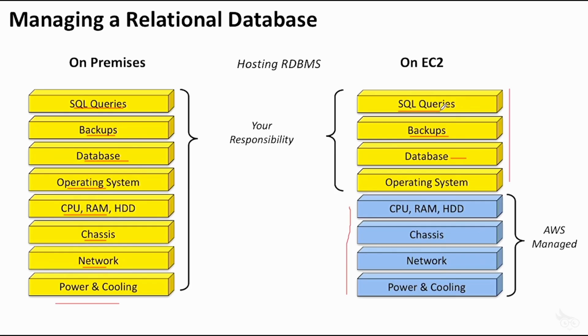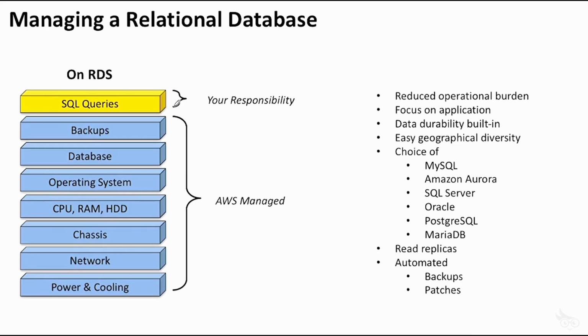Now let's compare these two models with what it means to run a relational database within the Amazon Relational Database Service. So within RDS, you can see that our responsibility is much less in this case. By running a database in RDS, AWS will be responsible for almost everything. That frees us up. It takes away all of that operational burden. We don't have to worry about patching the operating system or patching the database itself.